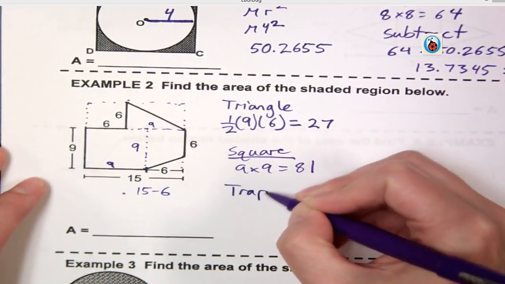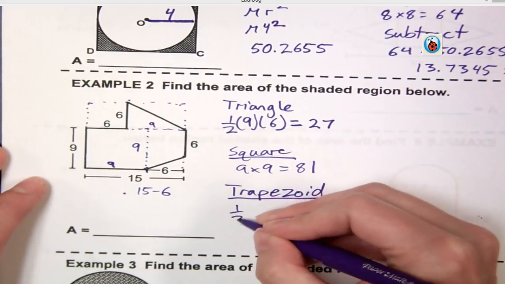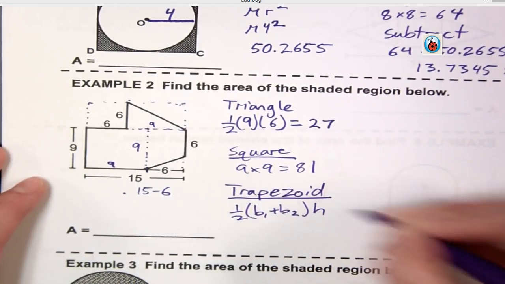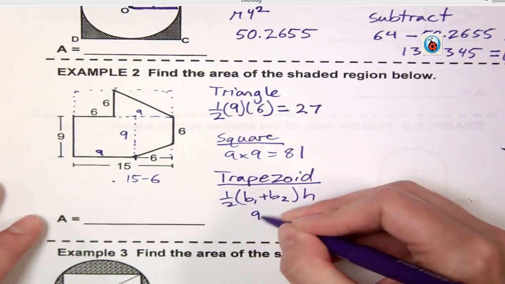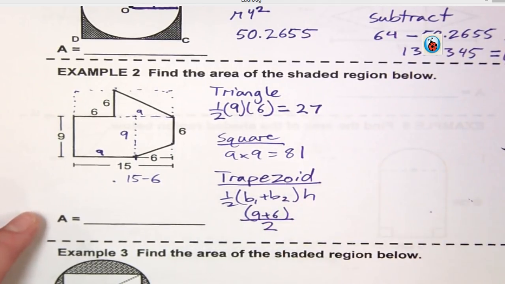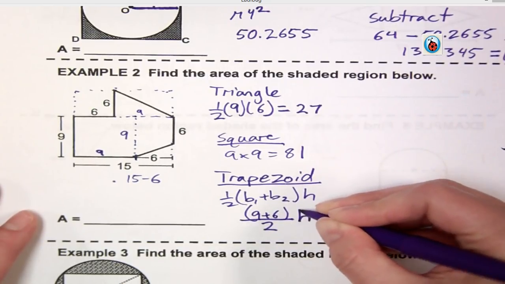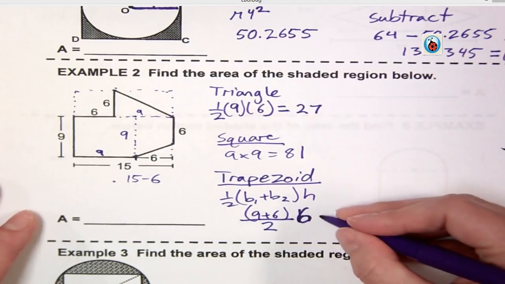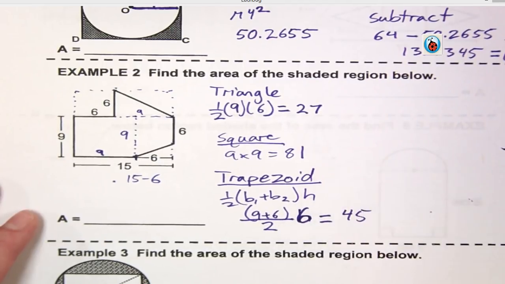And my trapezoid, remember trapezoid is the one where I have to add, it's 1/2 times base 1 plus base 2 times the height. And so for my trapezoid, I have to add my 9 plus 6, divide it by 2, or multiply times 1/2, and then times my height, which here is the sideways height, which is 6. So when I multiply that out, I get 45.